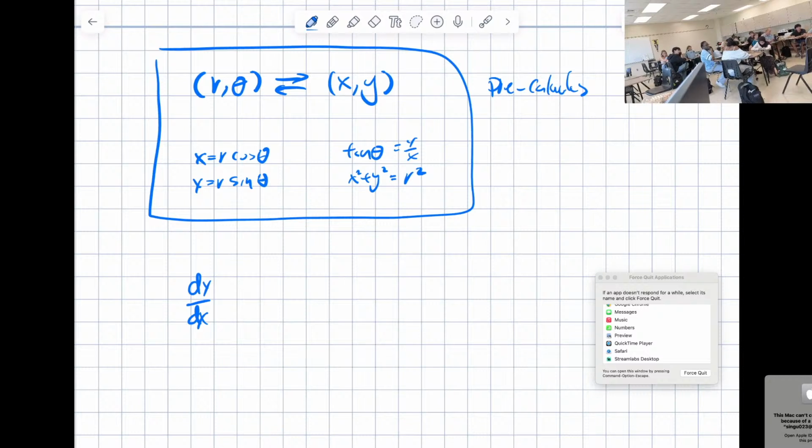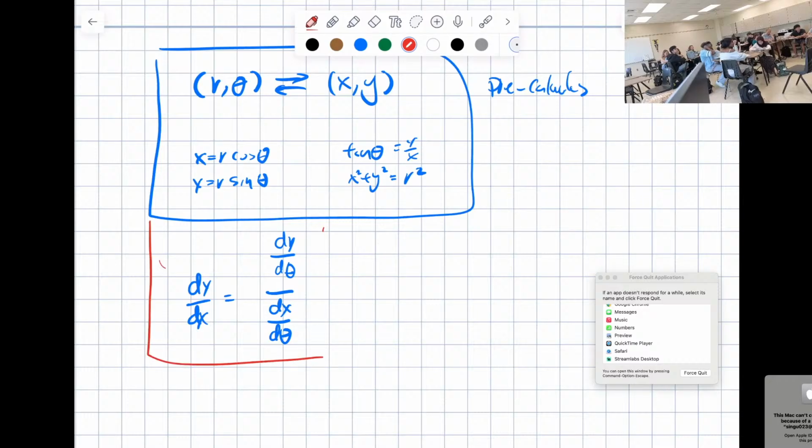Basically, this is calculus. If you want to find dy/dx of a polar function, it's just like parametric. It's not anything different. It's dy/d theta over dx/d theta. Does that make sense? That's very intuitive. So this is the calculus part.